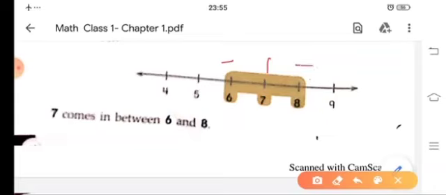So you are standing in between Ayush and Samya. This is between the numbers: 6, 7, 8 are the numbers, and 7 is in the middle. That means before 7 comes 6 and after 7 comes 8. So the number which is present in between 6 and 8 is 7.